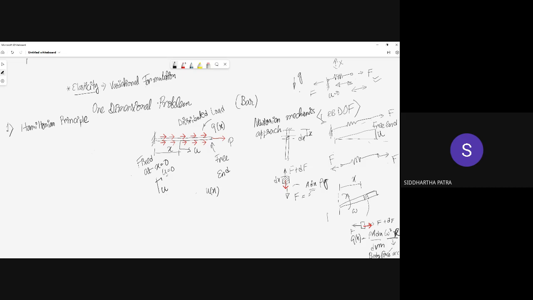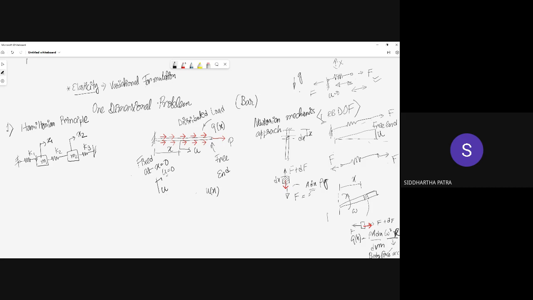And for that, I'll use another example. Imagine this one has a displacement of x1 and this one has a displacement of x2.